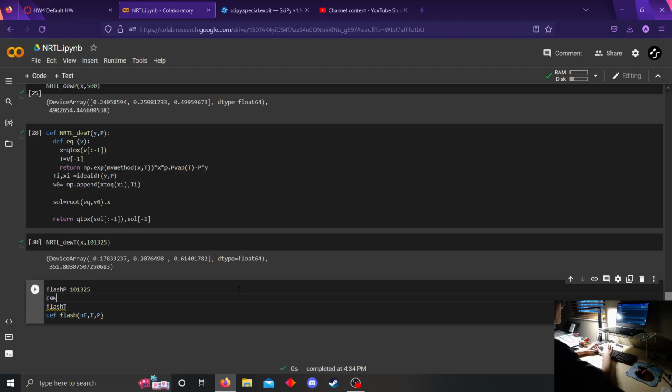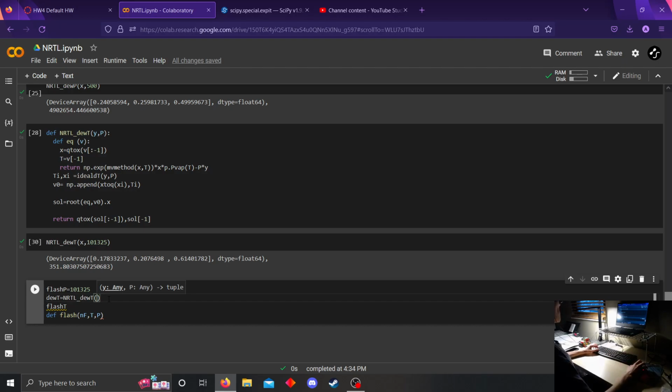So we're going to have our dew temperature, which is equal to NRTL dew T, which is just above here, what we did in the last video. And this is going to be at our feed condition.